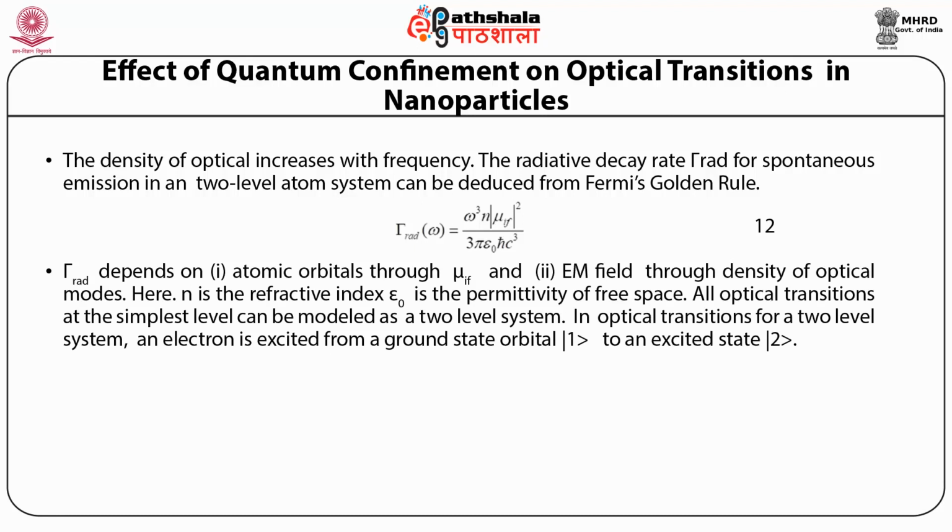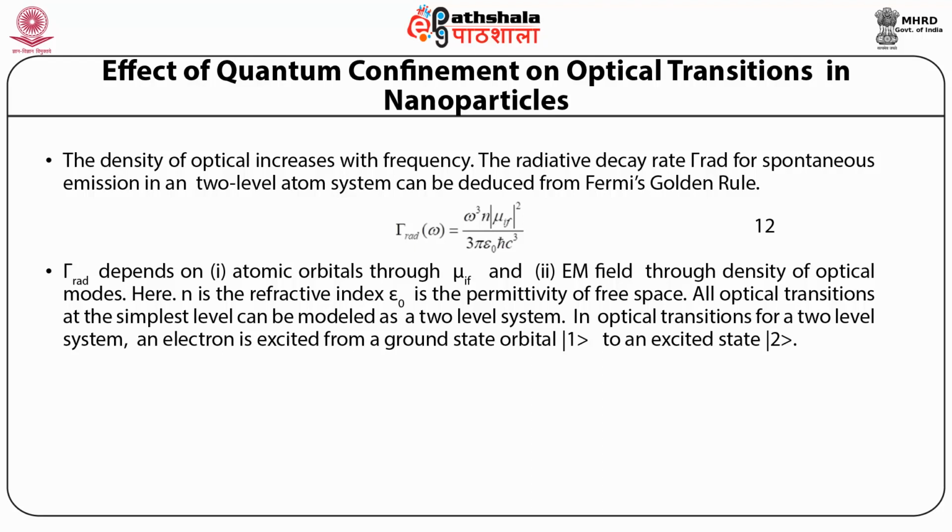So gamma radiation basically depends first on the atomic orbitals through mu_if, and second on the EM field through the density of optical modes. Here n is the refractive index and epsilon naught is the permittivity of free space.